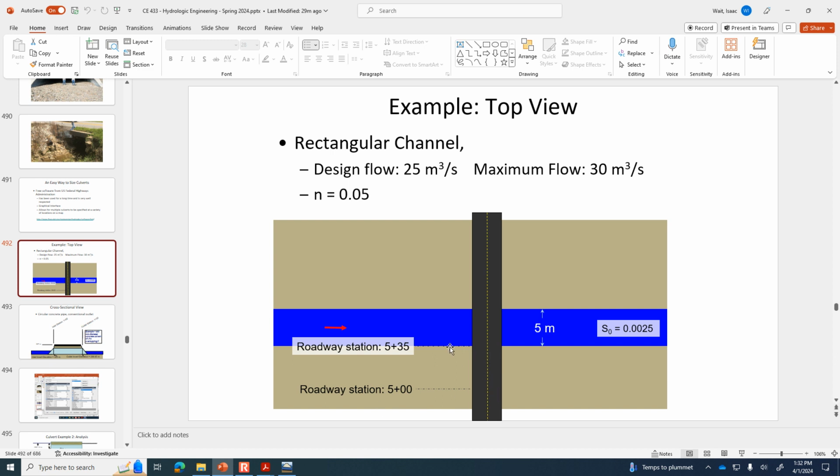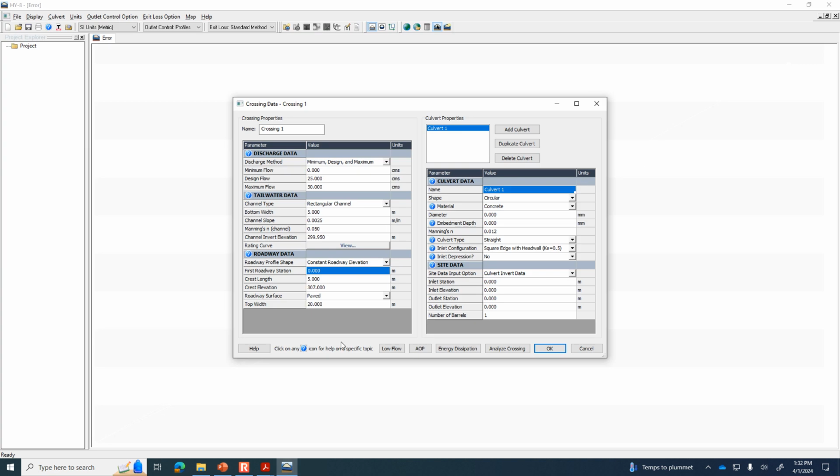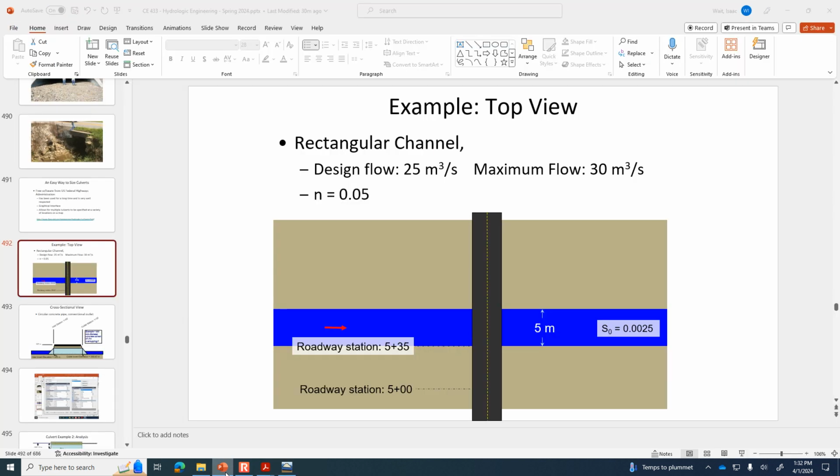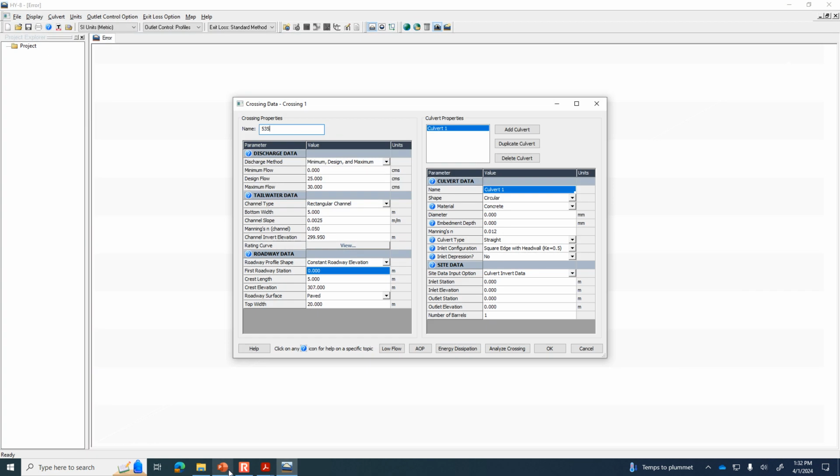So we're saying that the culvert is at a certain roadway station. I guess we could put that in there. 5 plus 35, for the first roadway station, just to describe where the culvert is.